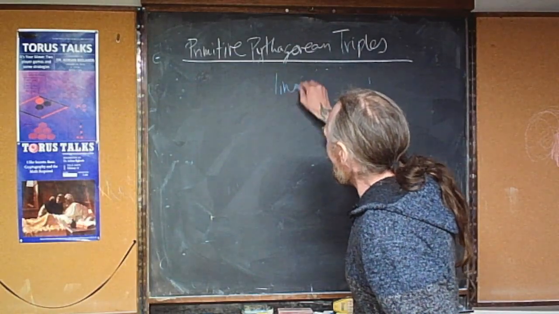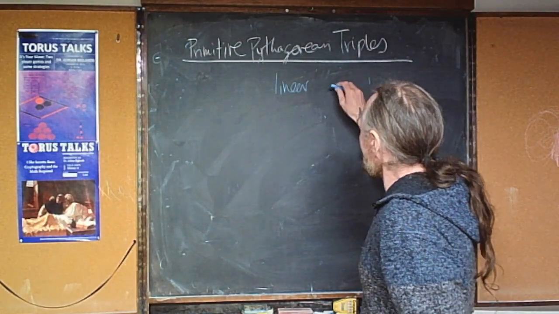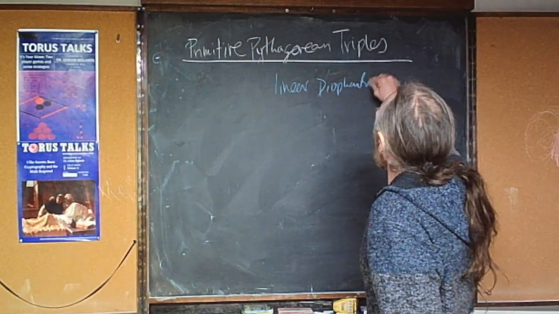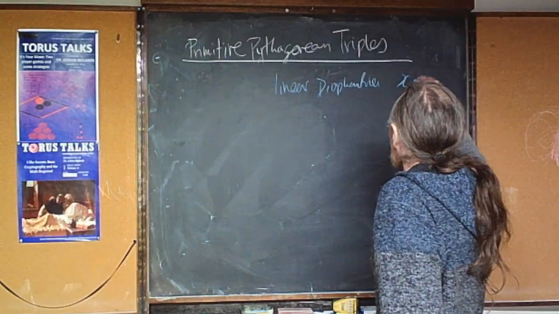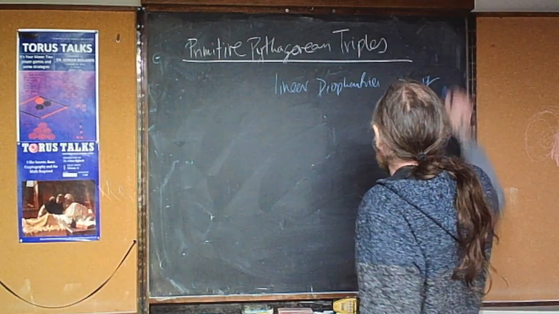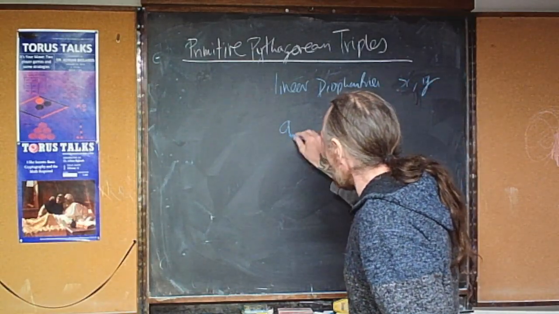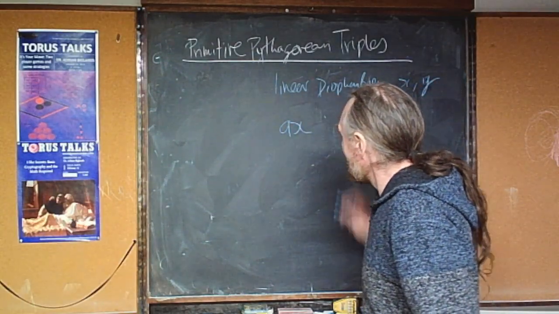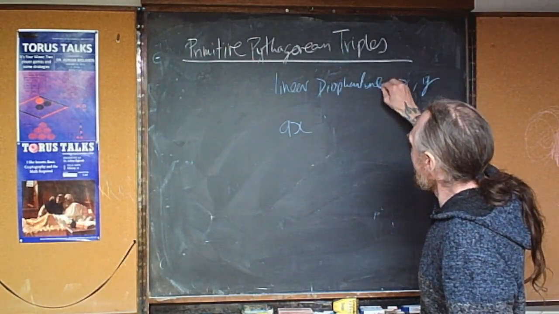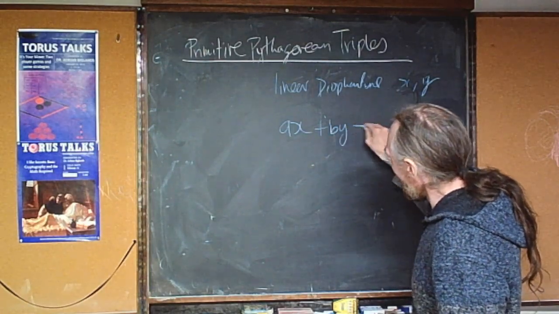Here's a linear second order, or linear Diophantine equation in two variables, x and y, or a and b. x and y, because I'm going to use a, b, c now. I should have used x squared and y squared, but the linear form means that every term has to be a multiple of a single variable or a constant.